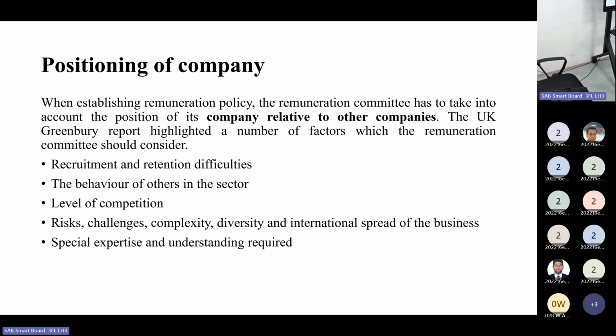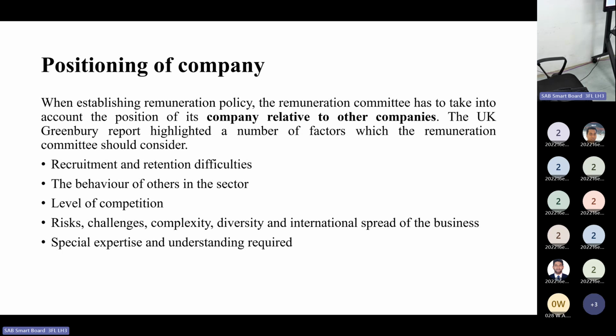Then the level of competition coming. Are we having competition? We are leading the competition, so the level of competition. Here what you are looking at is the behavior of others in the sector, means are they growing, right? Are they below us? Competition means whether there are so many competitors in the market within the same sector, or there is less competition.